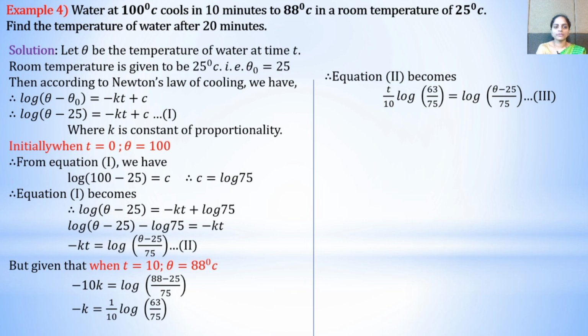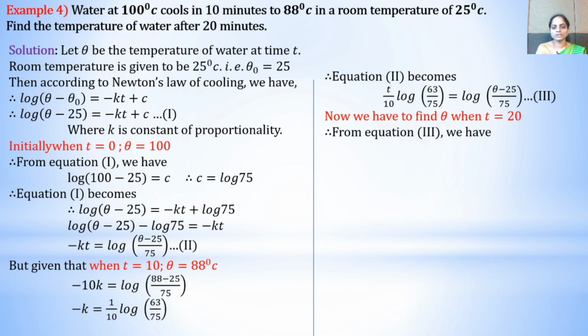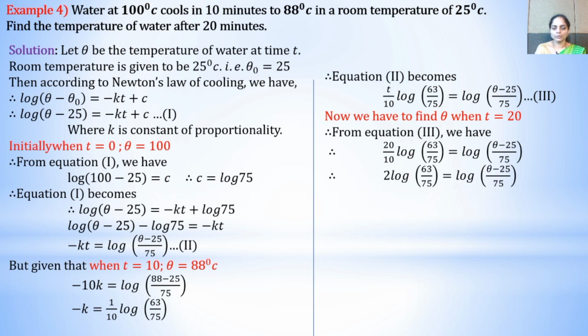Now we have to find the temperature of the water after 20 minutes. That is, when t equals 20, find theta. From equation 3, we have 20 divided by 10 into log of 63 divided by 75 is equal to log of theta minus 25 divided by 75. Therefore, 2 into log of 63 divided by 75 is equal to log of theta minus 25 divided by 75.